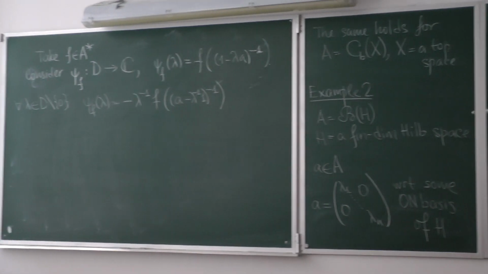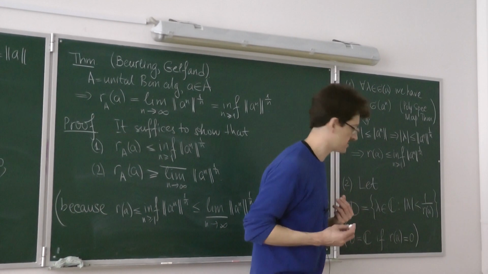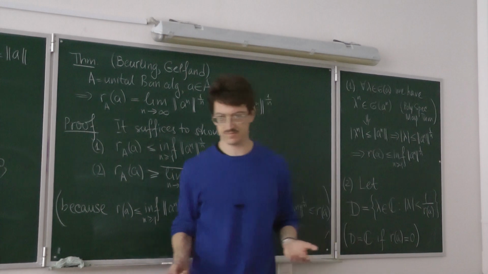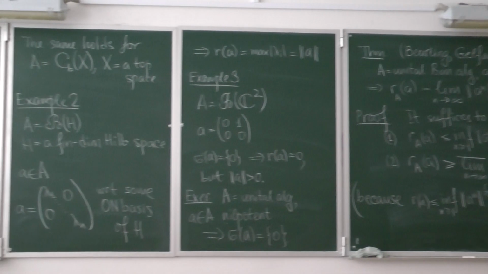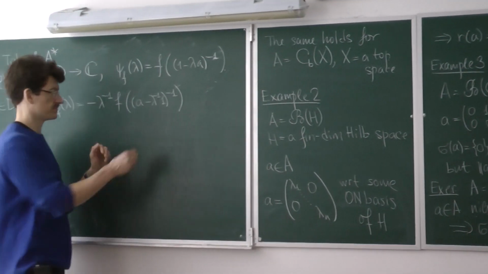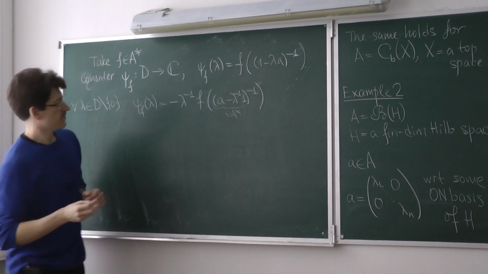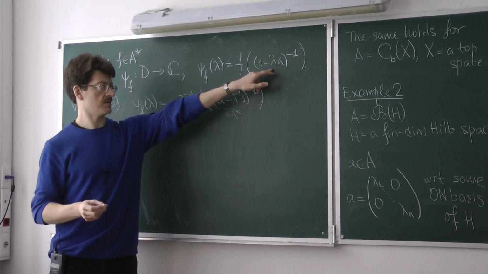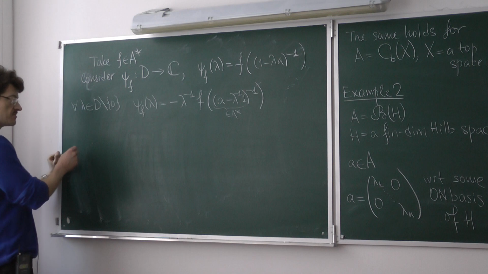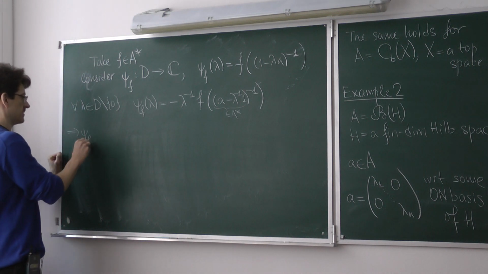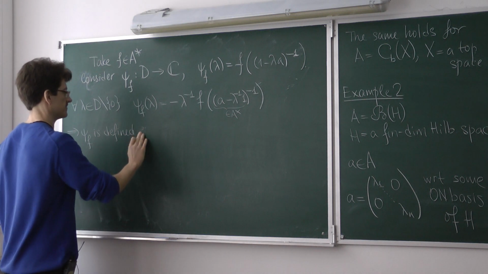So lambda satisfies this inequality, and this implies that lambda inverse is outside the spectrum, since the absolute value of lambda inverse is bigger than the spectral radius. So this element is invertible. And of course, psi f clearly is defined at 0. So this formula implies that psi f is defined everywhere on the disk.